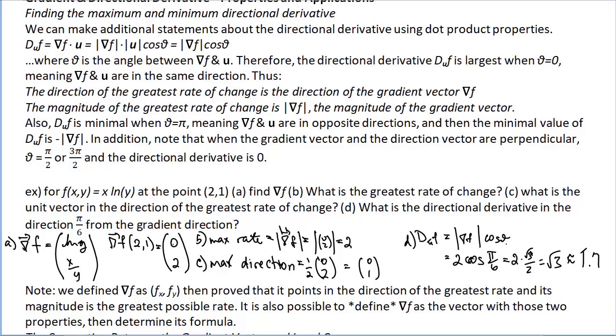We defined gradient of f as df dx comma df dy, and then we proved that it points in the direction of the greatest rate, and its magnitude is the greatest rate. It's also possible to do it the other way. We could have defined the gradient of f as the vector with those two properties, and then from that figured out what its formula would be. That's just an interesting side.